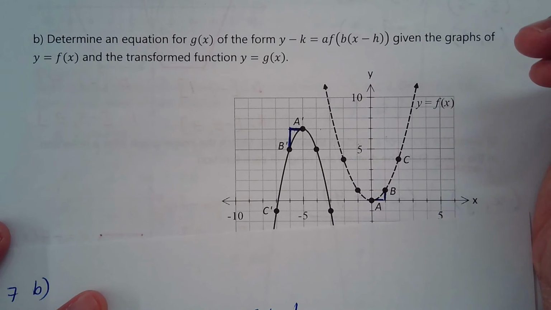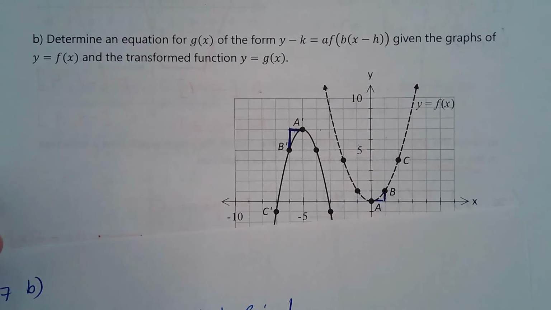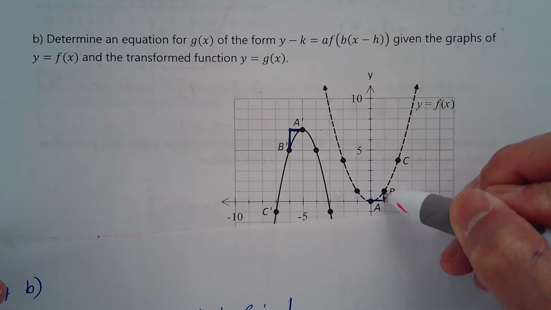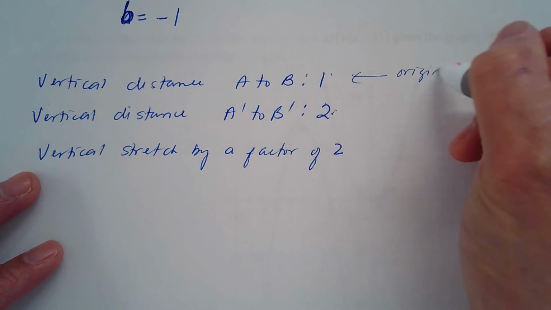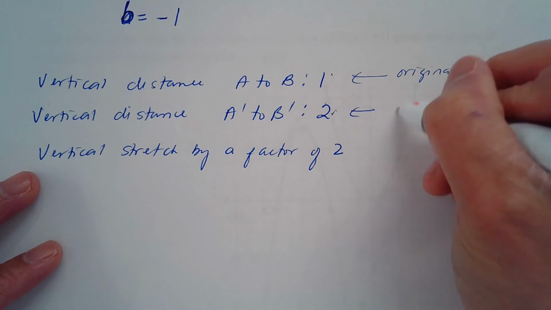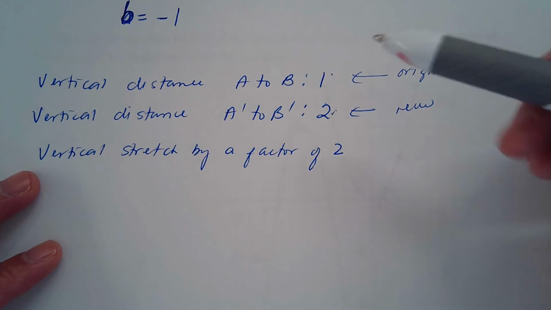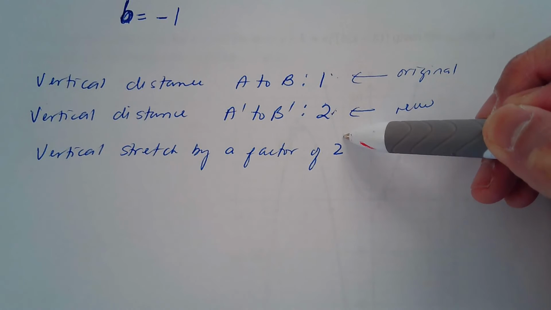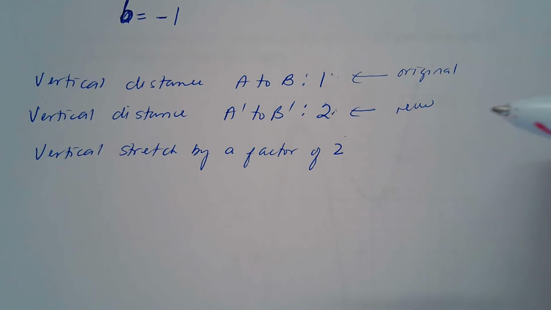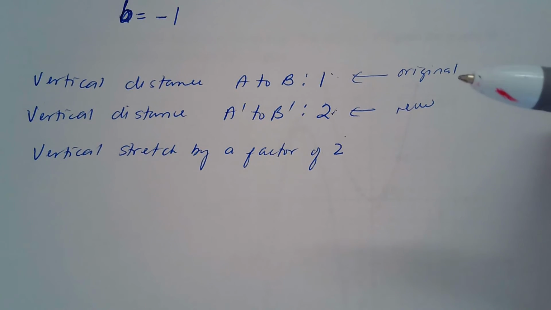Which one is the original? The original would be A to B. This is the original, and this is the new one. So if you go new divided by the original, that's going to be 2. Right. So it got multiplied by 2. Is that good?